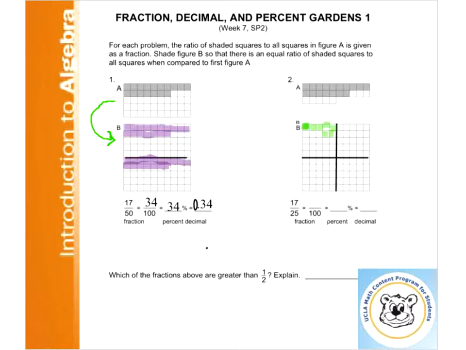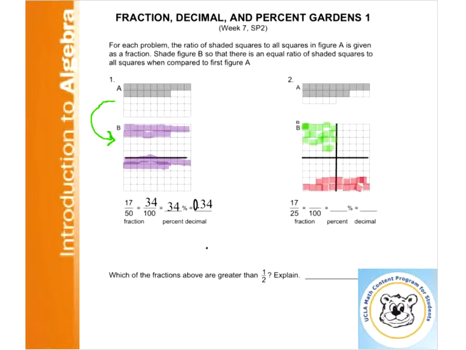Other students might count out 25, 2 rows and another 5, and then shade in 17 until the 100 square grid is filled in. Either way, they should see that they've replicated 17/25 4 times.